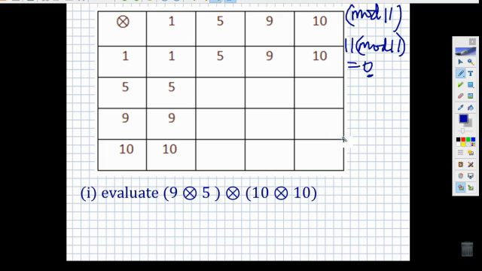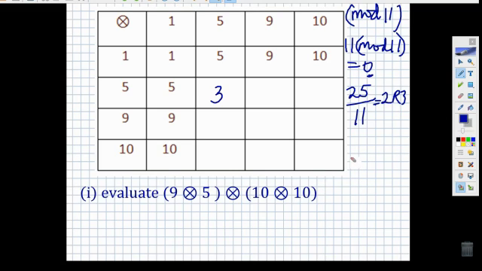Say 5 times 5. 5 times 5 gives us 25. We now divide 25 by 11, which gives 2 remainder 3. So the remainder is 3, and we write 3 here.